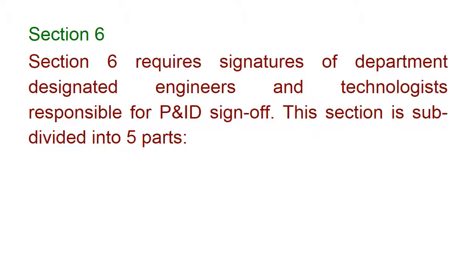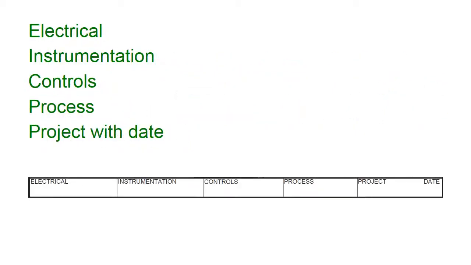Section 6 requires signatures of department-designated engineers and technologists responsible for P&ID sign-off. This section is subdivided into 5 parts: electrical, instrumentation, controls, process, project, with date.